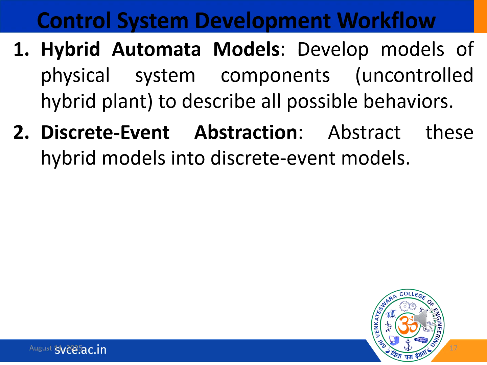This is considered to be a hybrid model. From the uncontrolled hybrid plant, the uncontrolled discrete event plant can be abstracted, with the help of a hybrid observer that abstracts information. The discrete event abstraction is nothing but abstracting these hybrid models into discrete event models.